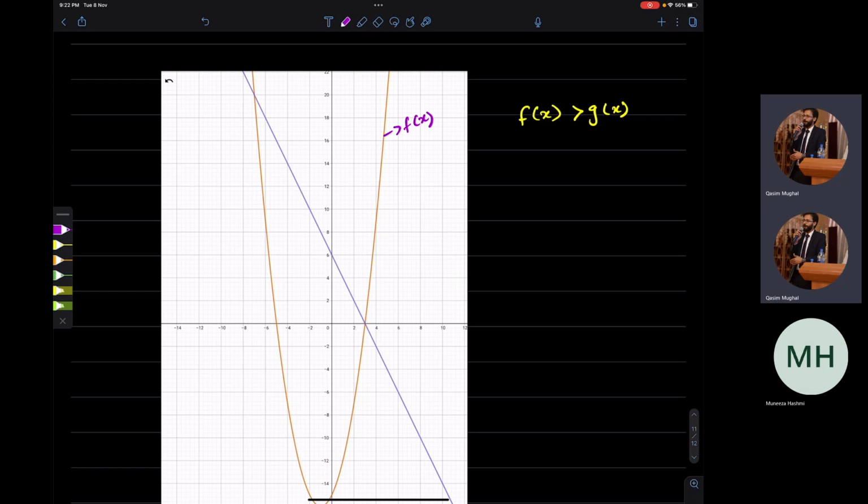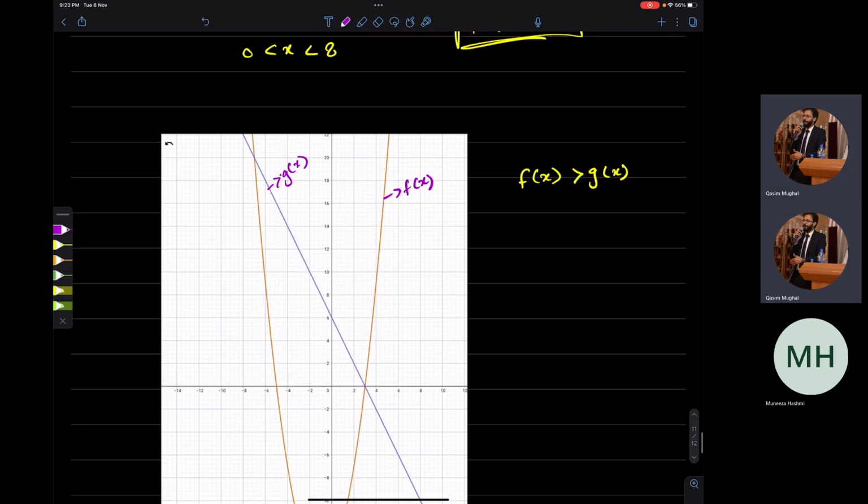And this blue straight line, that's g of x, isn't it? If you look at the question, g of x is a linear function, f of x is the quadratic function. Now he's asking you the values for which it is greater than that. So we need to look for the orange line, which is above the blue line here.